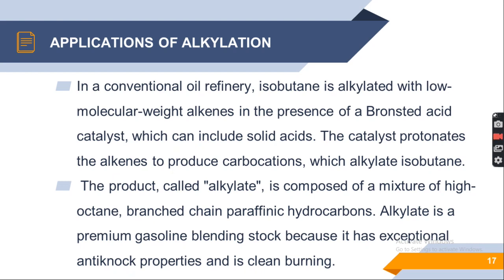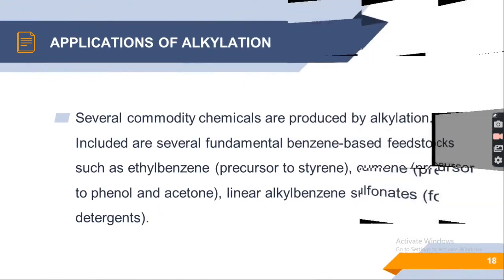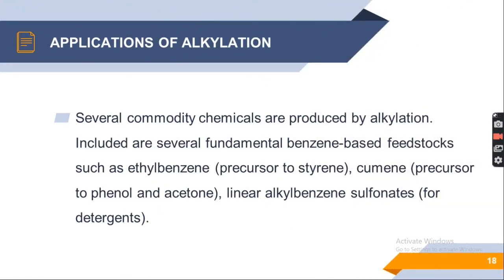The alkylate is a premium gasoline blending stock because it has exceptional anti-knock properties and is clean burning. Alkylate is also used in the manufacture of AV gas. Several commodity chemicals and other important chemicals can also be produced by alkylation.